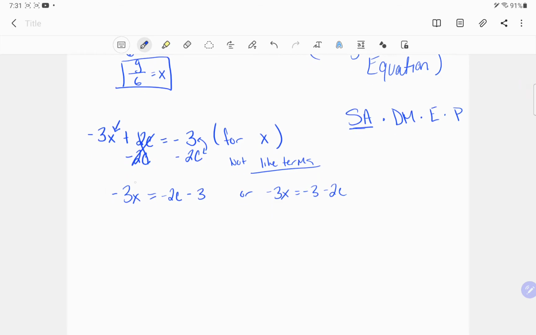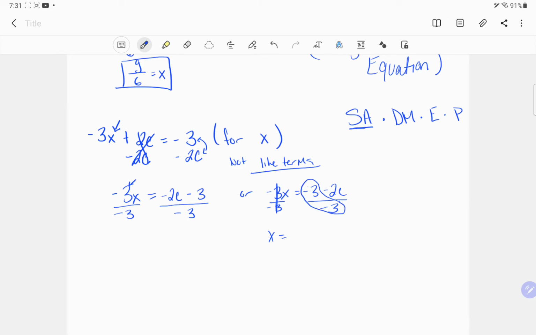Now I need to get rid of the negative 3. So I have negative 3 times x. So I'm going to divide everything by negative 3. You don't have to show both. You just have to do one or the other, but those ones go away. X equals, we do what I call the heart method.